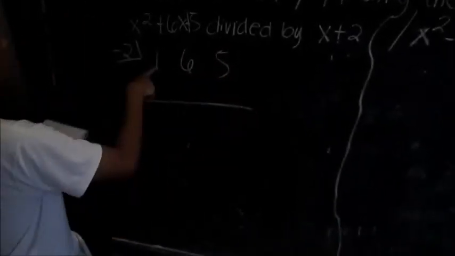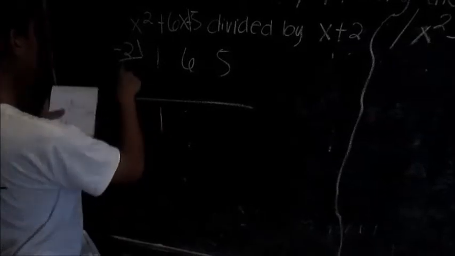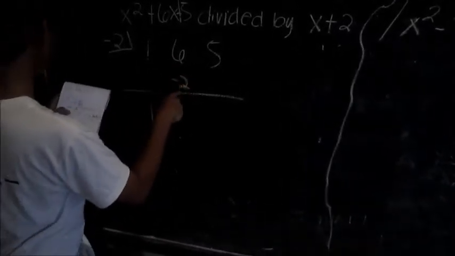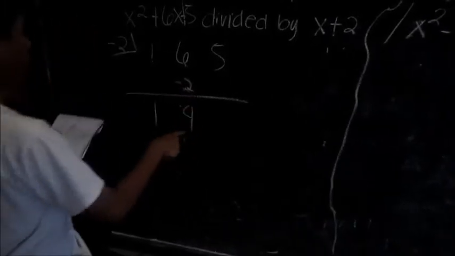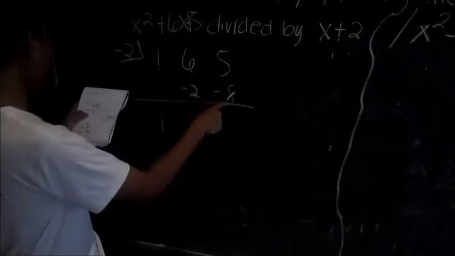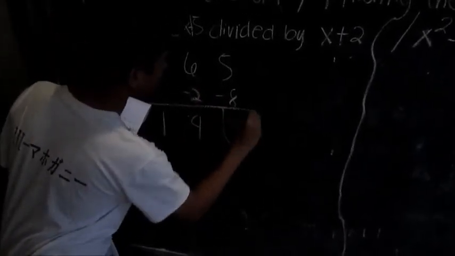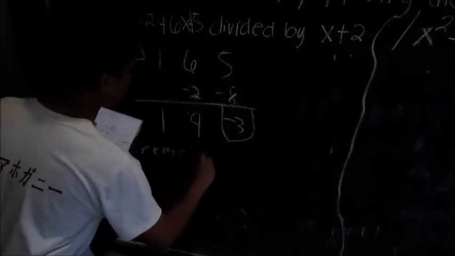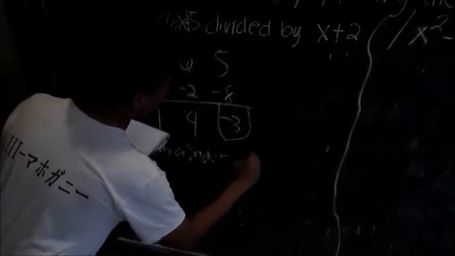Bring down 1. 1 times negative 2 is negative 2. 6 plus negative 2 is positive 4. 4 times negative 2 is negative 8. 5 plus negative 8 is negative 3. So the remainder here is negative 3.